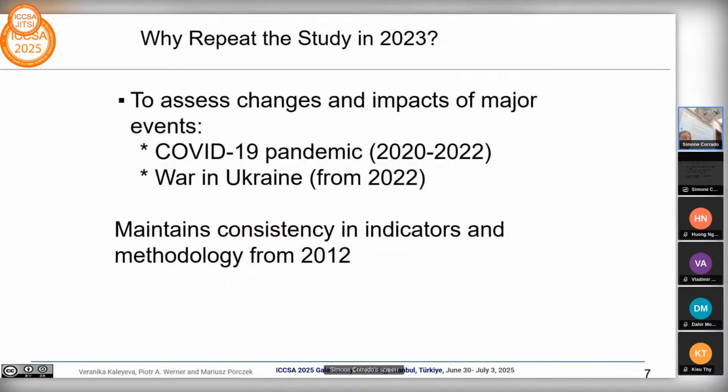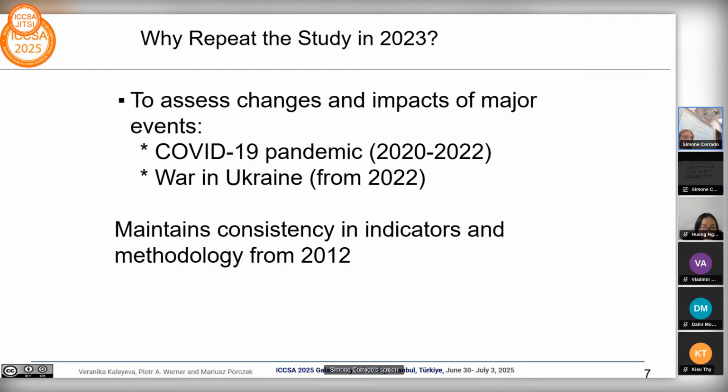Replicating this approach this year, based on data from 2023, the most recently available data for Poland, served us to track changes over time and assess the impact of recent major disruptions, such as the COVID-19 pandemic first of all, and the escalation of the war in Ukraine, which for sure influenced societal values and the social perception of Poland.